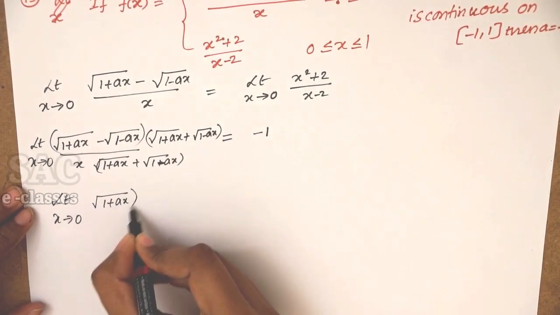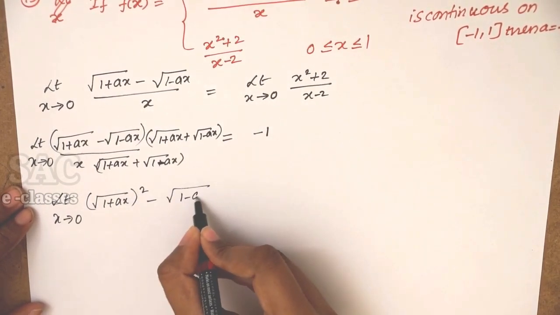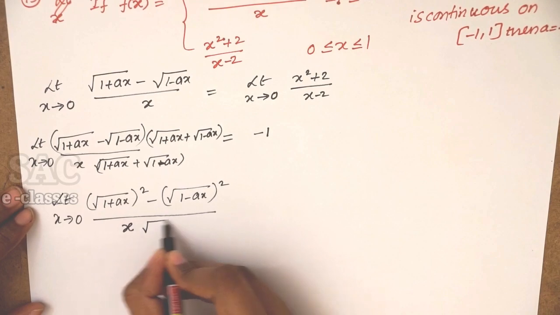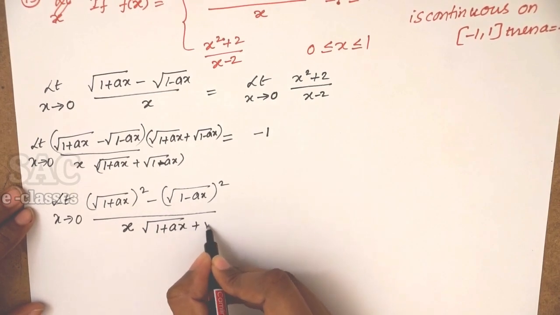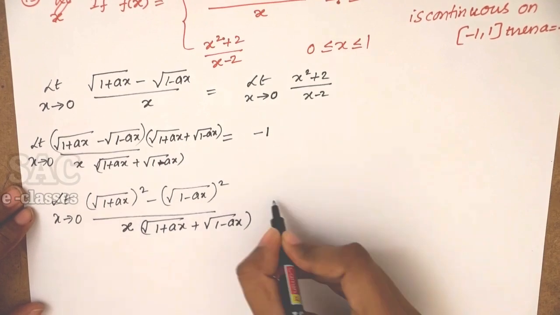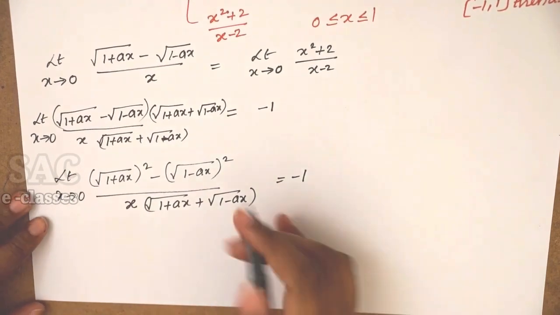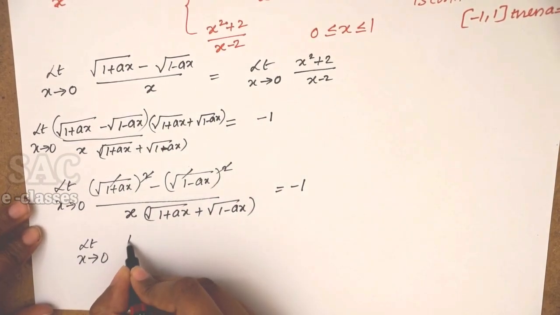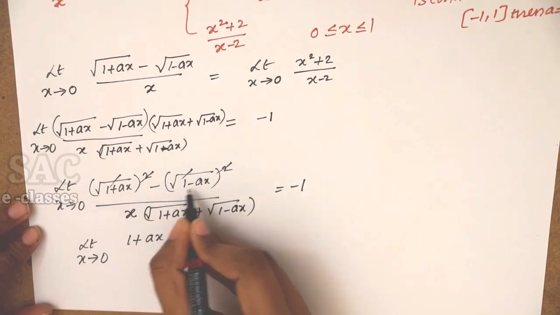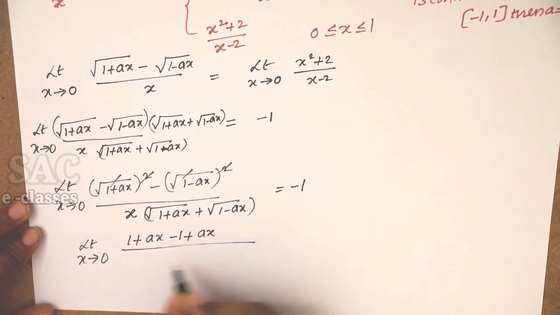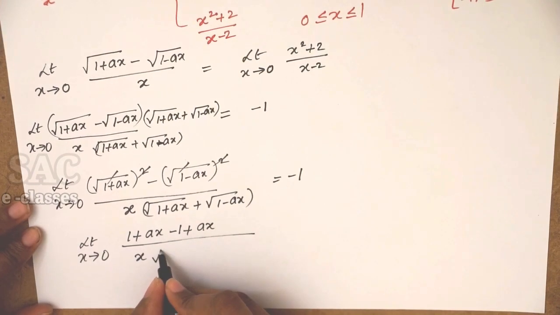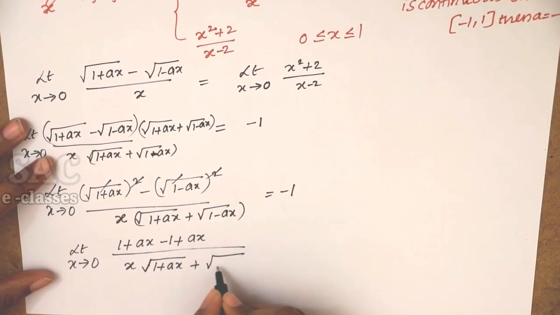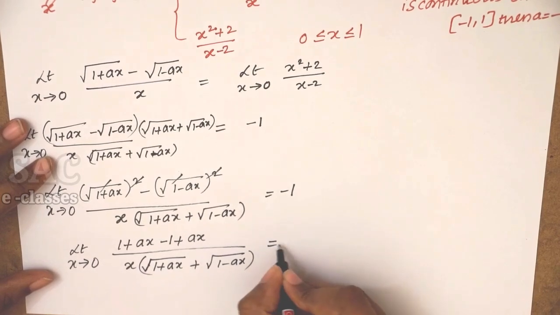So (root over 1 plus ax) whole square minus (root over 1 minus ax) whole square by x into (root over 1 plus ax plus root over 1 minus ax), which is equal to minus 1. Simply, limit x tends to 0 of 1 plus ax minus 1 plus ax by x into (root over 1 plus ax plus root over 1 minus ax) is equal to minus 1.